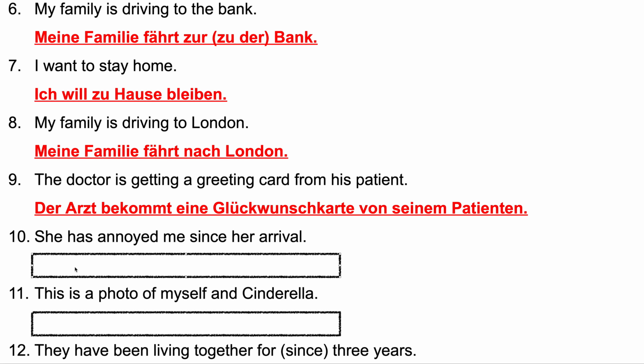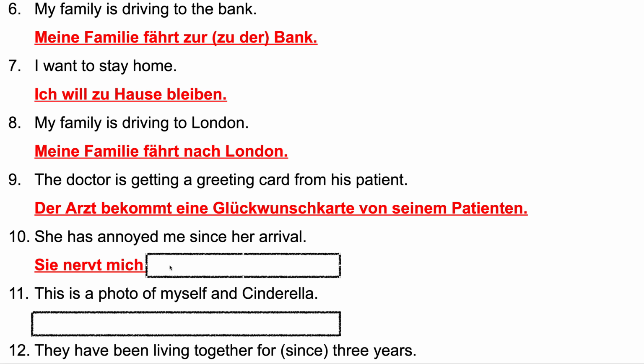Number 10, she has annoyed me since her arrival. Okay. "She" in German, sie. "Annoyed" is past tense, but we're not using the past tense in German because we're using "since" here, so she's continuing to annoy me after that. So we use the verb "to annoy," which is nerven. I could have used ärgern here, but it's going to be a little bit more complicated to use, so I used nervt. And then the person that's being annoyed is the direct object.